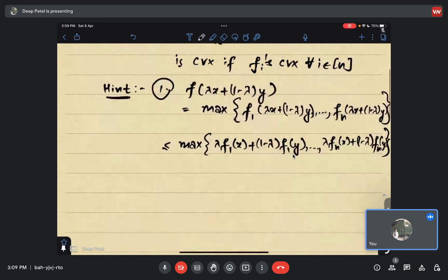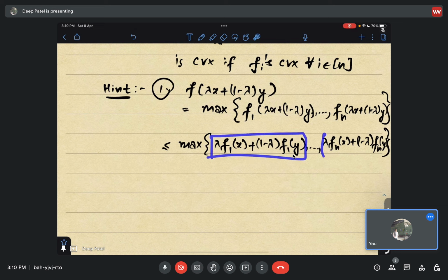Is it fine so far? Yeah, it's fine. Okay. So what can we do now? In each one of these terms we have two subterms.